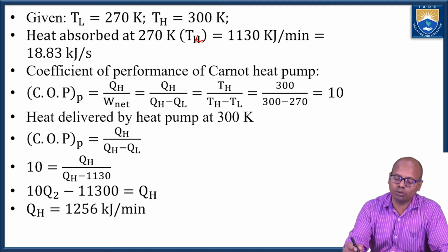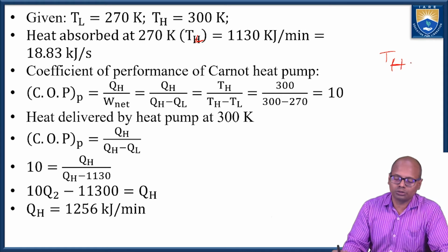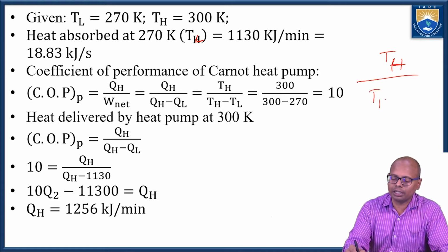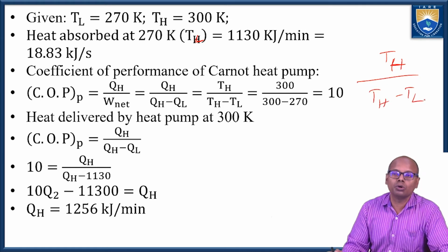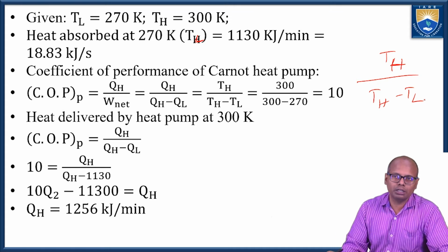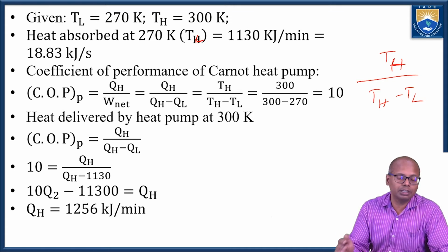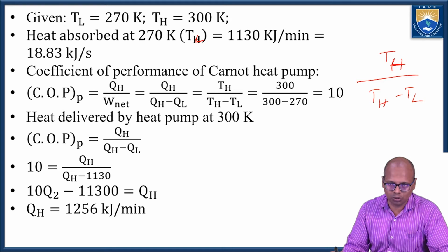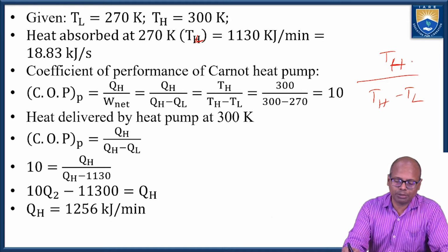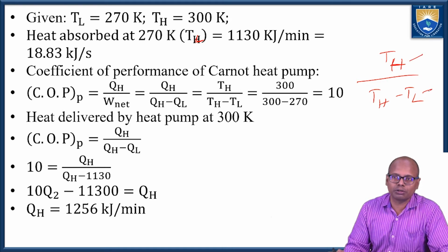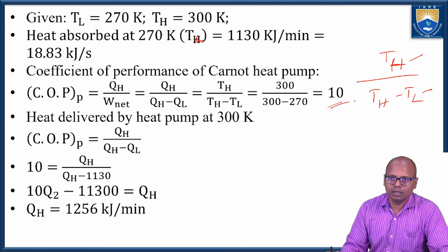So the hotter room is at TH, the higher temperature. So this divided by TH minus TL will give the COP of the heat pump. It is 300 divided by 300 minus 270, that is equal to 10.